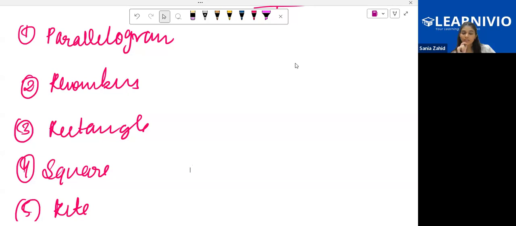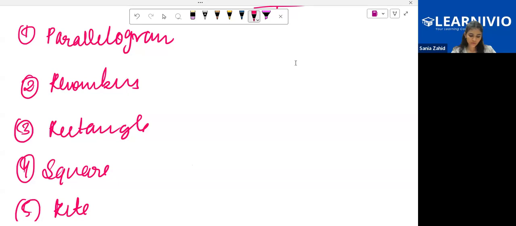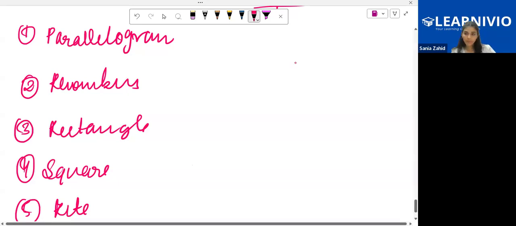So what is the measure of the angles in a rectangle? 180. Not 180. It's 90 degrees.